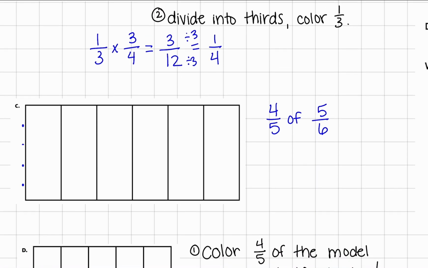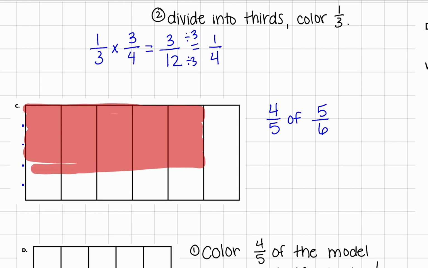Okay. So 4/5 of 5/6. What fraction will we color first? We'll color 5/6 first. Okay. So I'm going to grab my red and we're going to color 5/6 red. So 5/6.